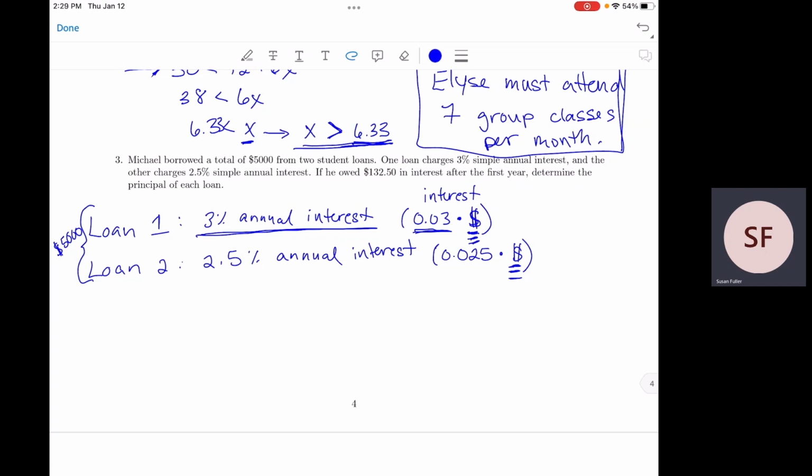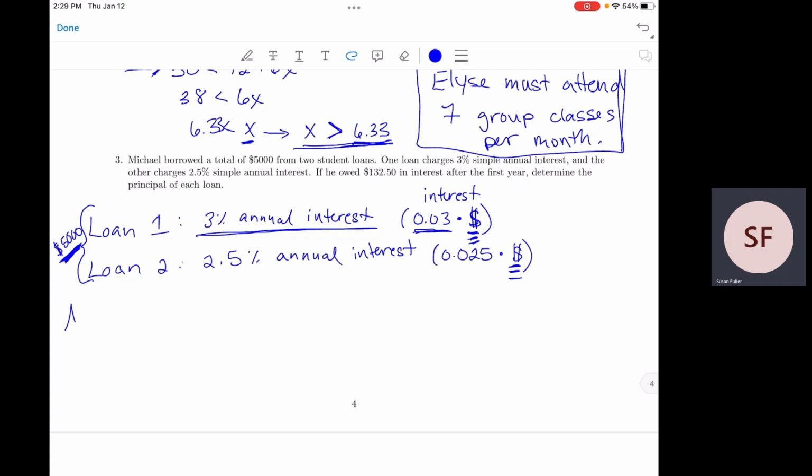Now, we've got two different loans, so it's going to be kind of hard to just have one variable. But I do know how these loans are connected. I've got $5,000 total in my two loans. So we'll just pick a loan, and the amount of money in that loan will be our variable, and we can figure out how much money is left in the other one. I'm going to make loan one my base.